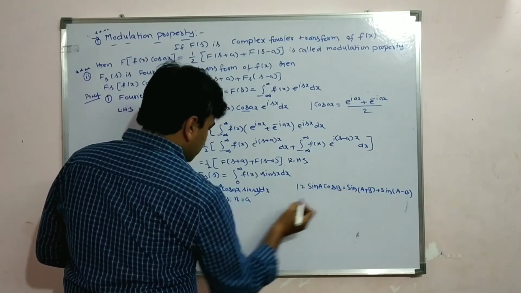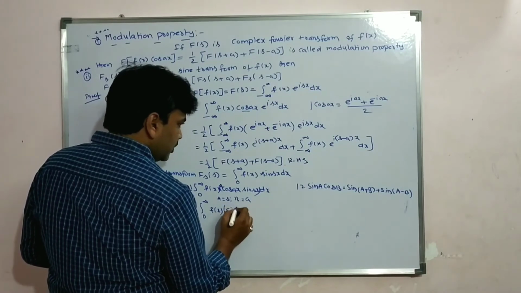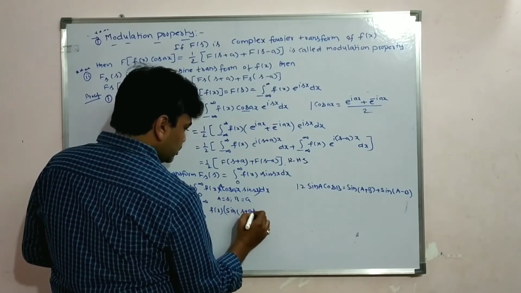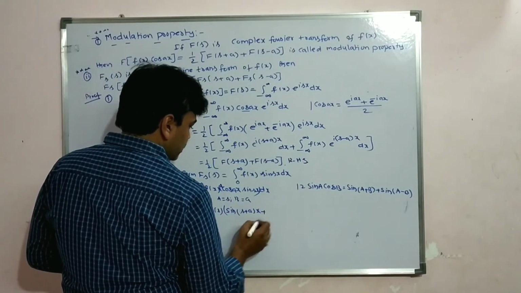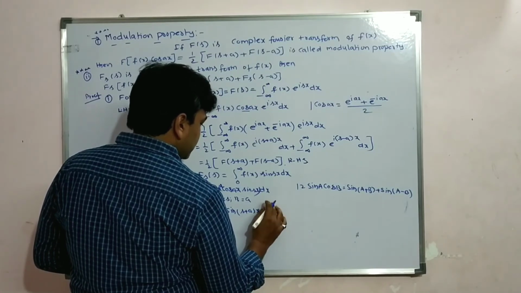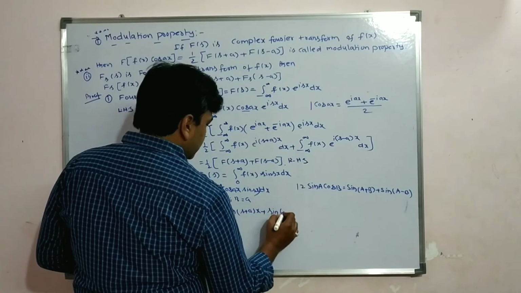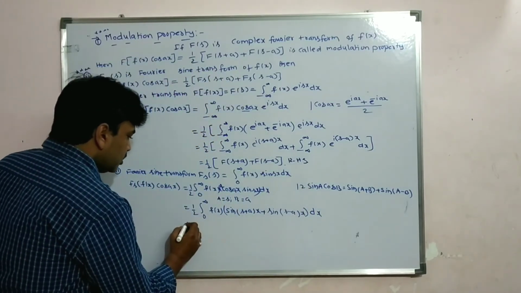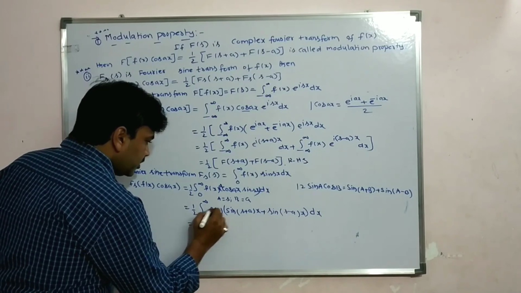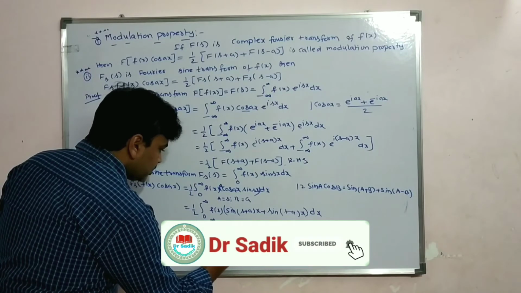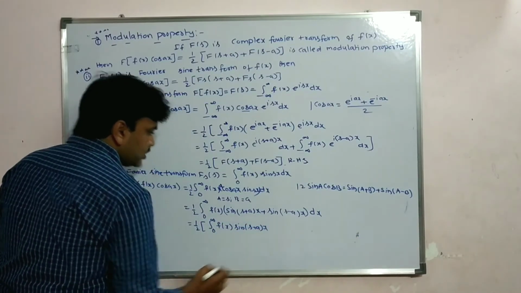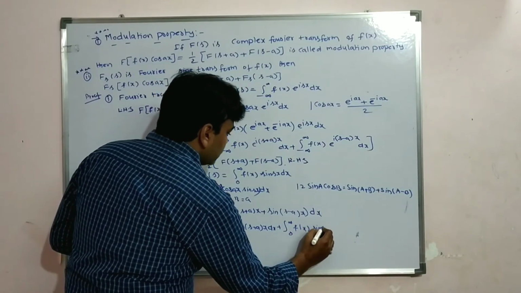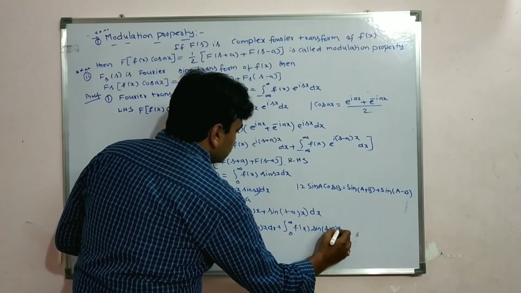So it can be written as sin(a+b), that is sin (s+a)x, plus sin(a-b), that is sin (s-a)x, dx.